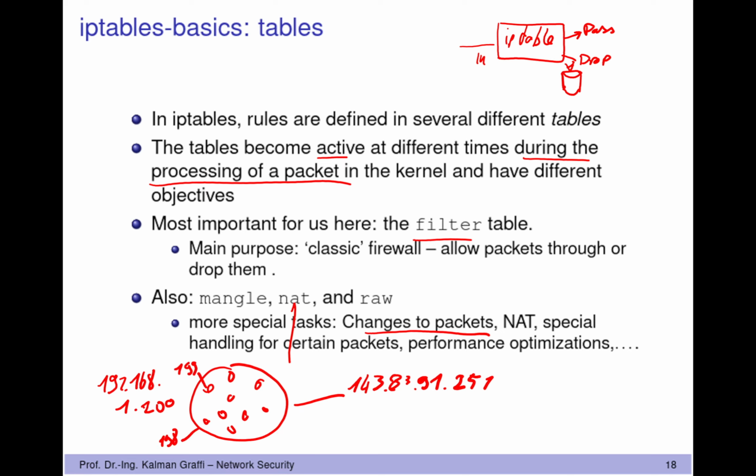And this network address translation table has then the responsibility to exchange the sender's IP address, which is a local one, to the globally routable one, and then when the reply comes in, to re-exchange it to the local area network address.